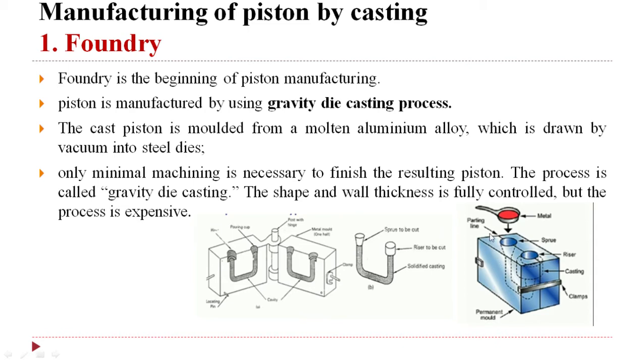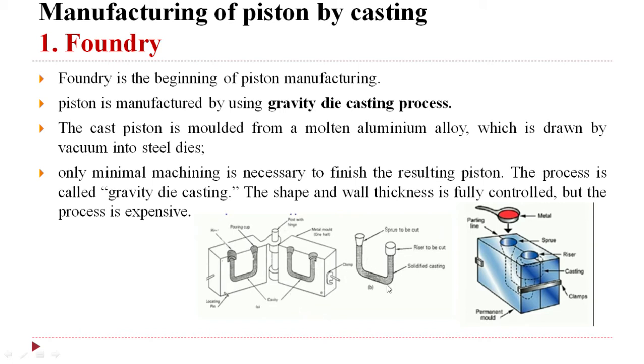Then this molten aluminium is poured in this mold with the help of a spoon. Then we have to allow some time for solidification of this casting. After some time we separate this mold into two parts as shown in these figures, and separate the casting.